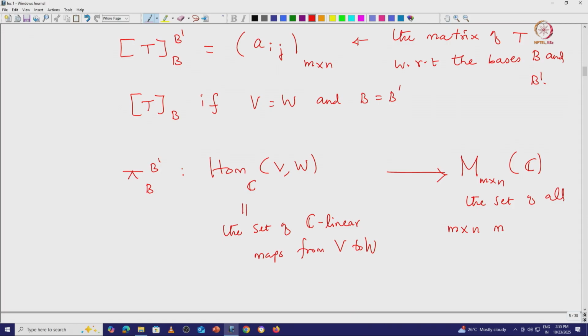Given T, you just send it to the matrix representation of T with respect to these bases, and this is an isomorphism. That is easy to prove, I will leave it to you.